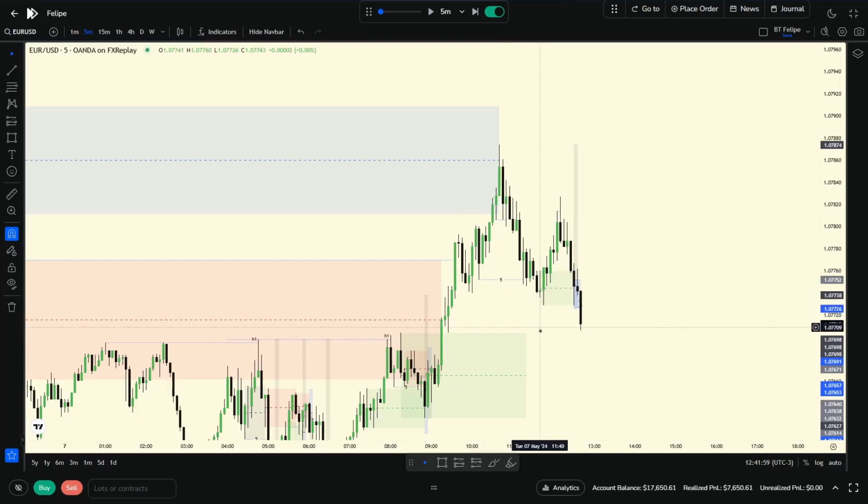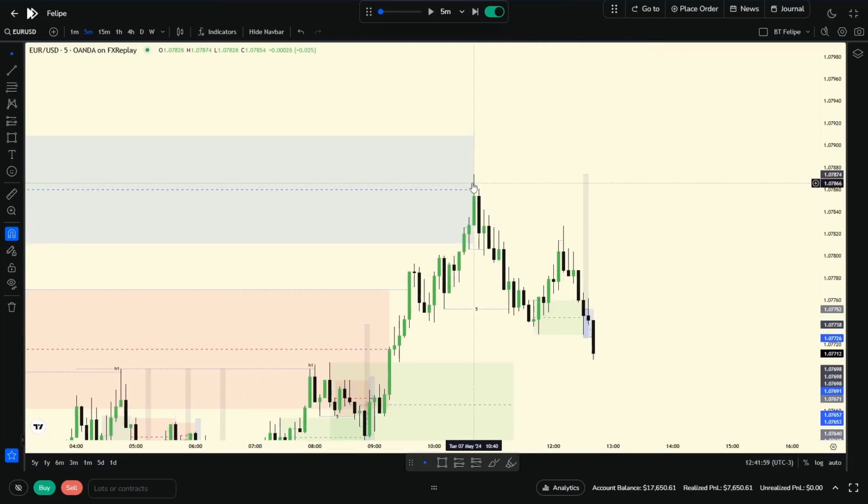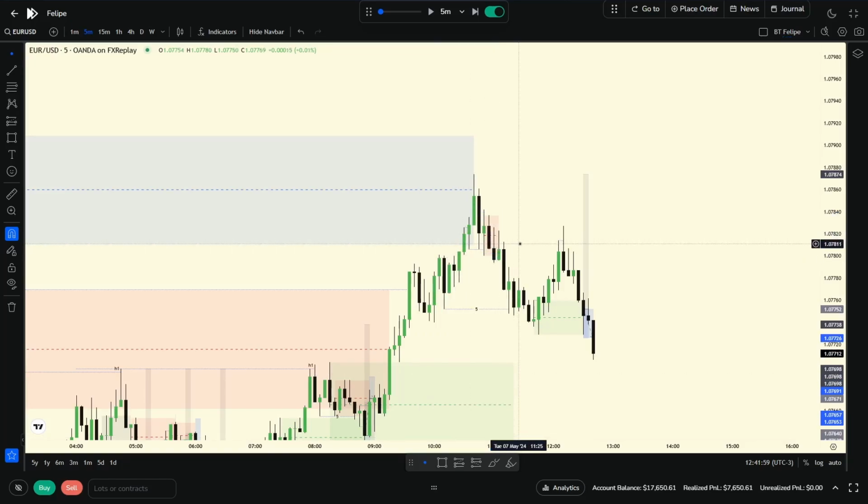Oh, I forgot to short. Oh, the day is over. Tap the POI. 1, 2. This was the short. I forgot to short here. This could have been one short and 1, 2 broke, left the imbalance. 1, 2 came back.